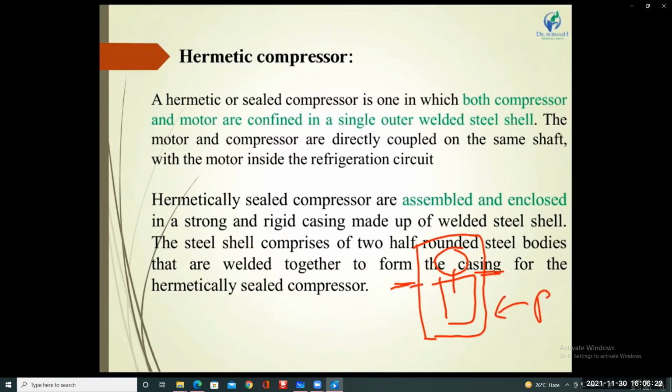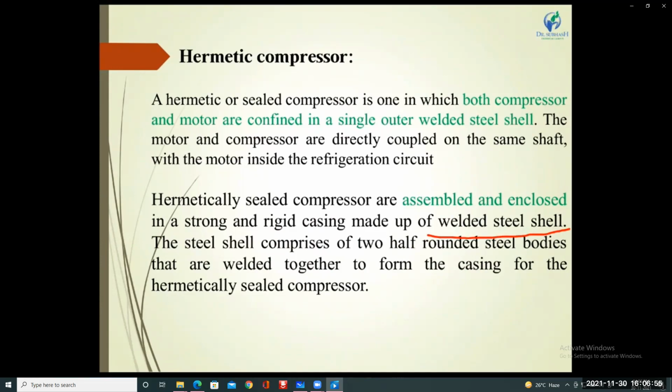The motor and the compressor are directly coupled onto the same shaft, with the motor inside the refrigeration circuit. Hermetically sealed compressors are assembled and enclosed in a strong, rigid casing made of welded steel shell. Because we have to maintain a higher pressure inside the compressor, we give a strong and rigid casing with welded joints.